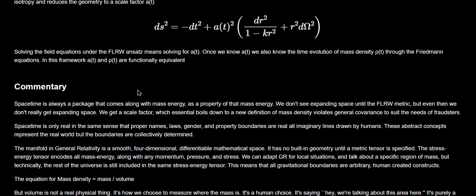I've heard lots of people make this claim, and this is infuriating, that there are professors out there saying that expanding space is part of general relativity, or it's predicted by general relativity, or it's within the same theory. It is not. I will fight to the death over this one. Expanding space is a separate theory from general relativity. General relativity does not cause space to expand, okay?